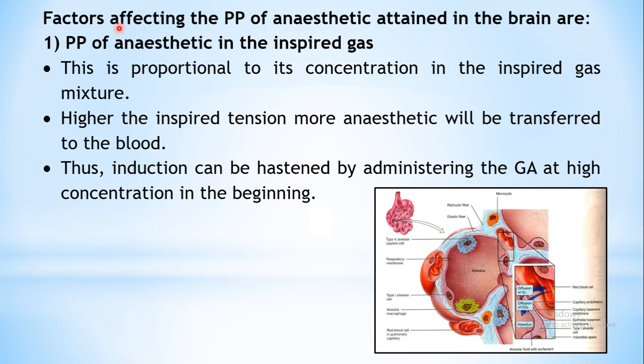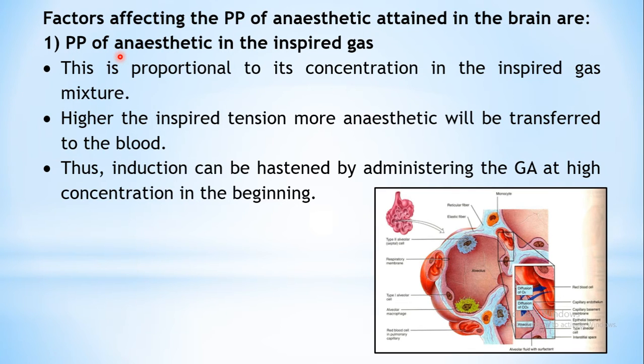Now what are the factors affecting this partial pressure of anesthetic attained in the brain? All these factors will govern the induction as well as the recovery as well as the elimination of your anesthetic from the body. That is, termination of action will be governed by all these factors.